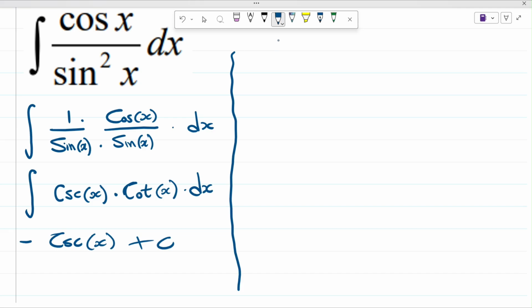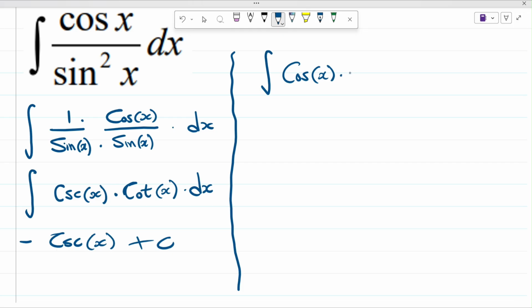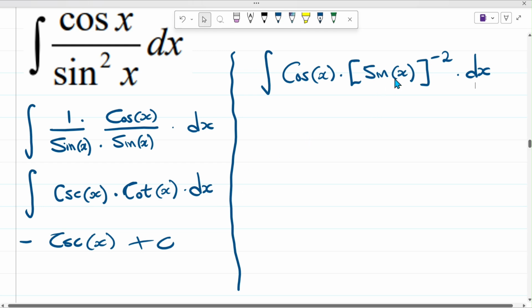And then one could have said, no man, I want to rewrite this in a nice way. So I will write it in this format, cos of x multiplied by sine of x to the power -2 dx. So that person is going through the general power rule route, right?